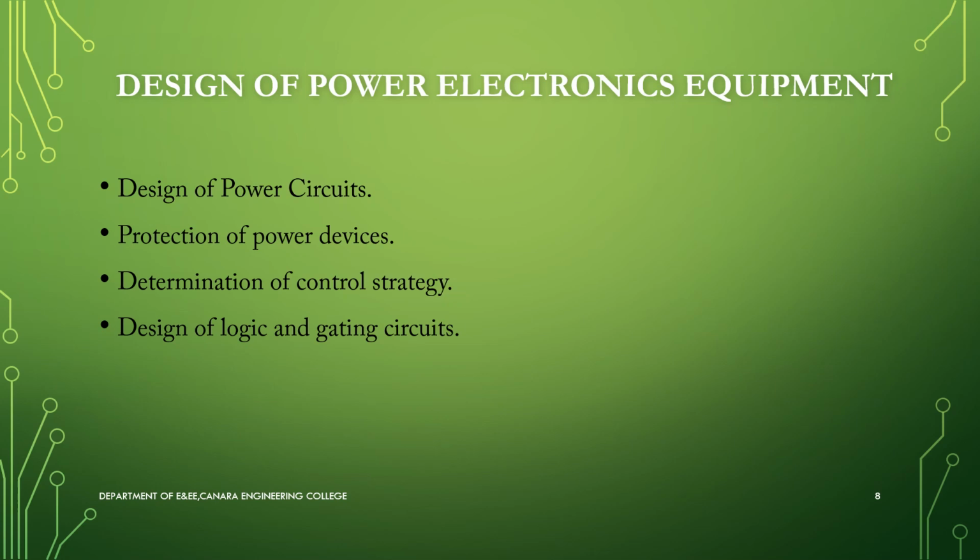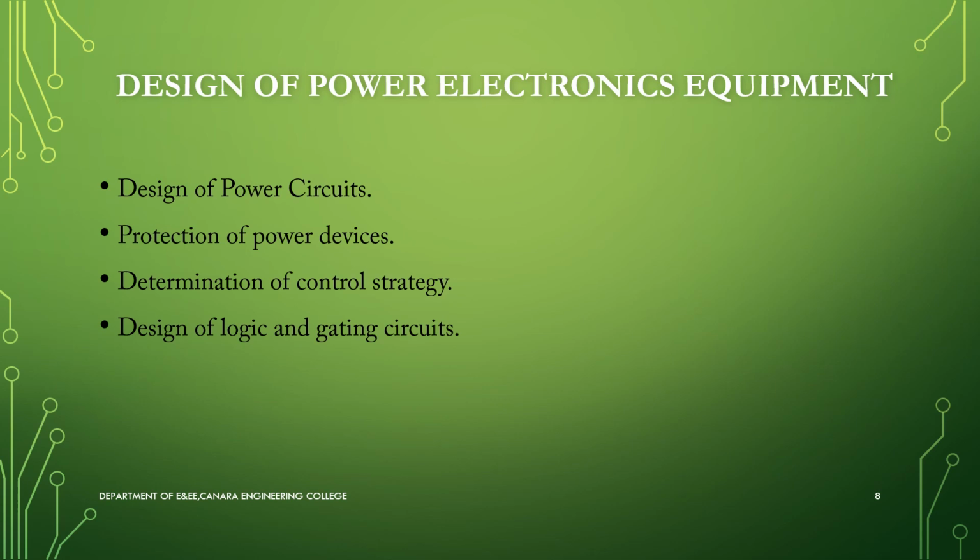As I explained during the introduction class, power electronics is a combination of power, electronics and control. So you have to design the power circuit. You have to select which type of semiconductor device you are going to use for which application. After selecting it, we have to see what kind of control design is required, and for the semiconductor device we have to give suitable protection schemes.